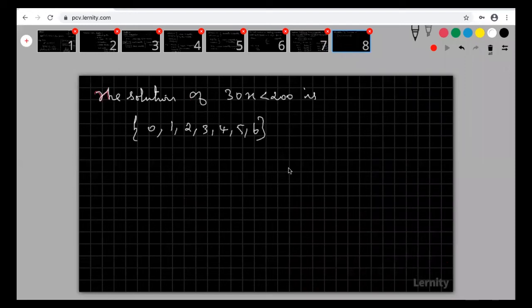Okay, please try to understand. So therefore, note the definition of a solution.